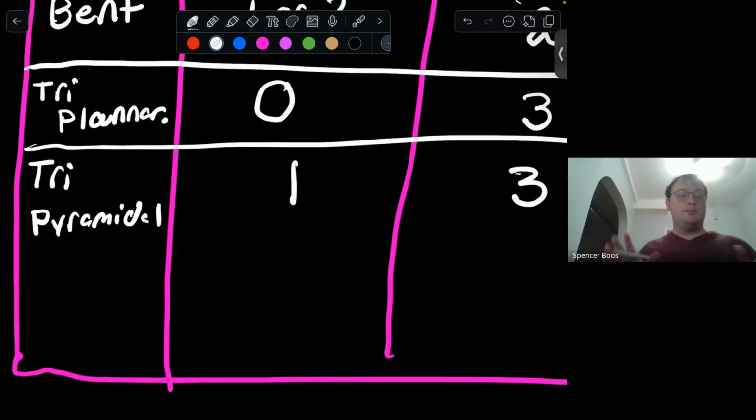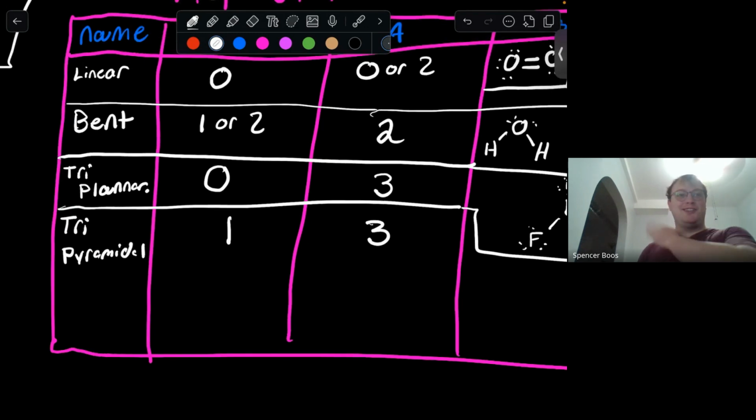Now, take a second, put your thinking caps on. If trigonal planar was a flat surface looking like a plane, what would pyramidal look like? You said it looks like a pyramid? Gold star. Give yourself a little pat on the back, right?